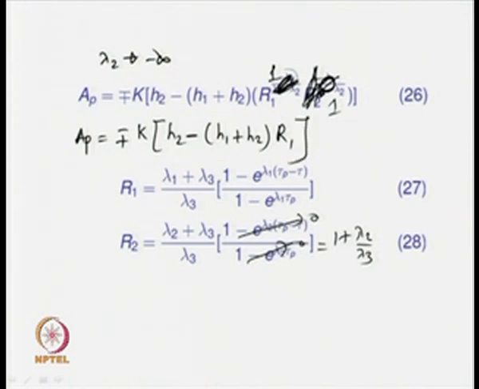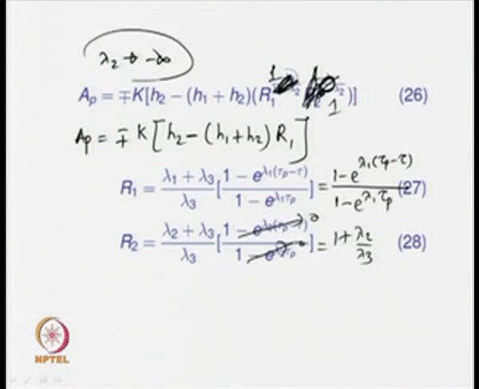Okay. So, this is the expression for this one, and similarly, this will be simply lambda 1 by lambda 3 will be 0 plus 1. So, it will be equal to 1 minus e to the power lambda 1 tau p minus tau by 1 minus e to the power lambda 1 tau p. Okay.